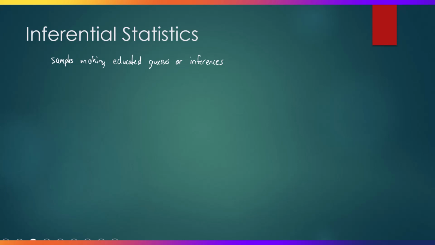What are the parameters? So we're just going to start making some educated guesses or inferences based on the data that we have, and with that we might introduce some errors. So we'll have an error range, and we could even be incorrect. Those are real things that can happen when we're making inferences.